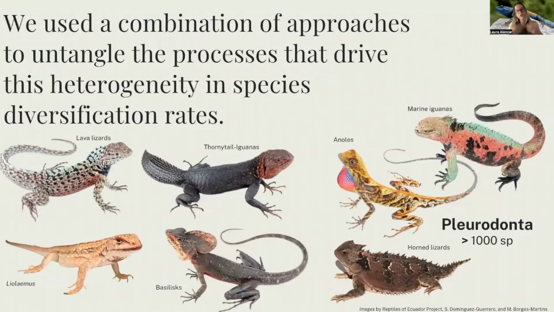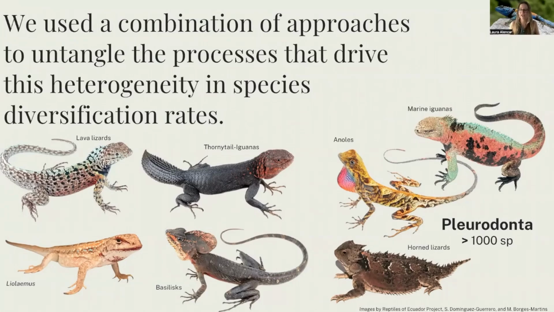In this study, we use a combination of approaches to untangle this complex network of processes driving diversification rates. So our idea was first to isolate the different sources of ecological opportunities contributing to the rate heterogeneity, investigate the potential interaction between these sources, and by doing this come up with more plausible causal scenarios underlying macroevolutionary dynamics.